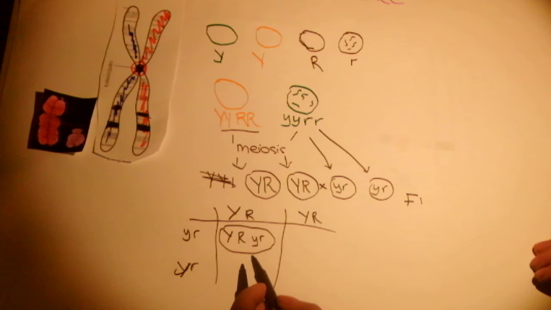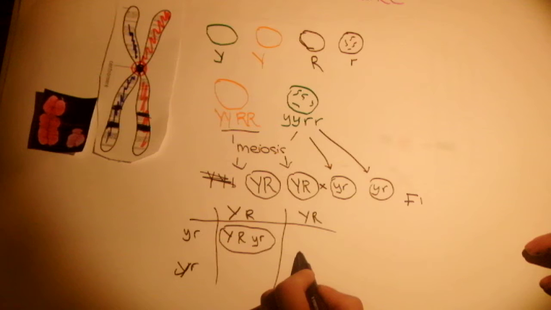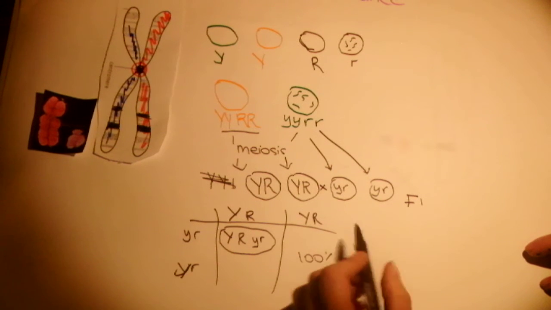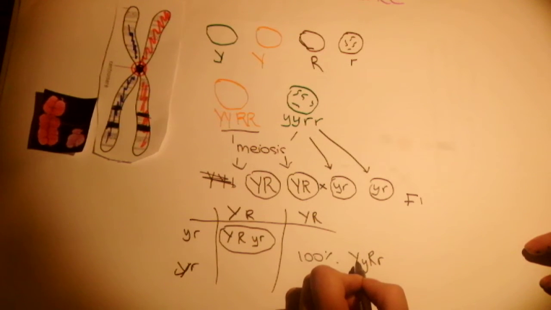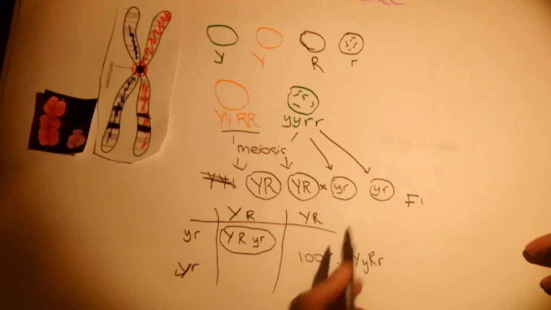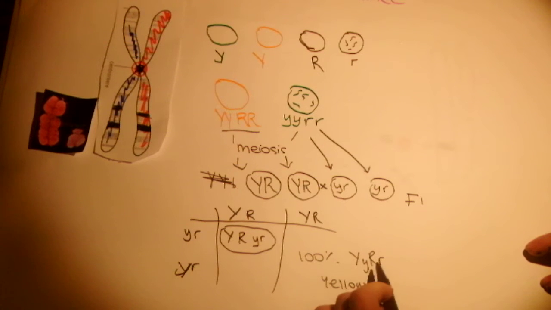This means it's heterozygous genotypes, so overall, 100% is big Y, big R, little y, little r. Because there's a dominant colour, and the dominant colour here is yellow, 100% would be yellow, and 100% would also be R, which is round.